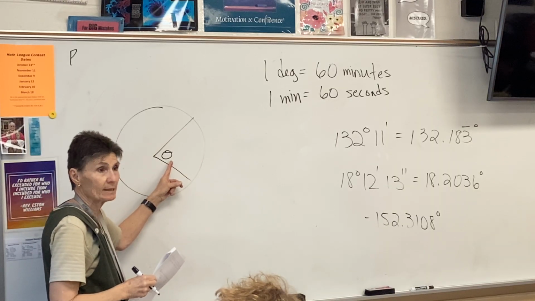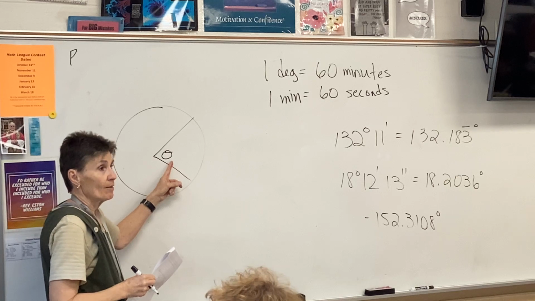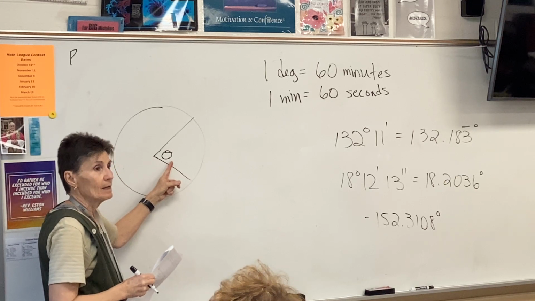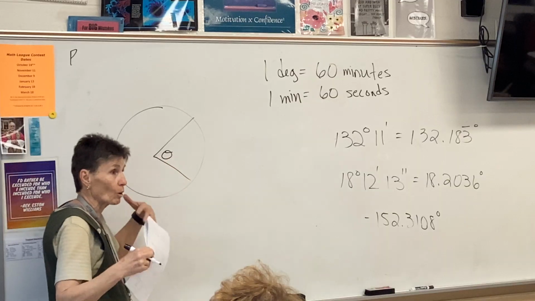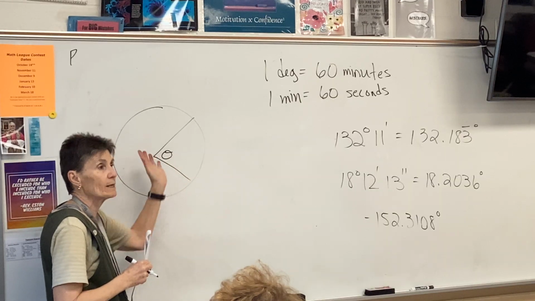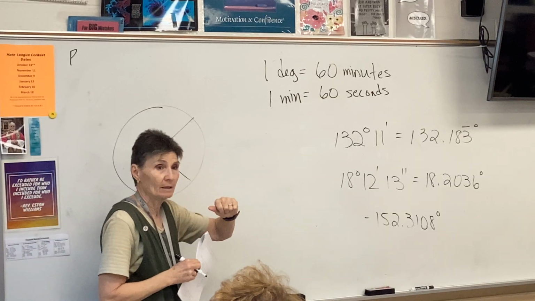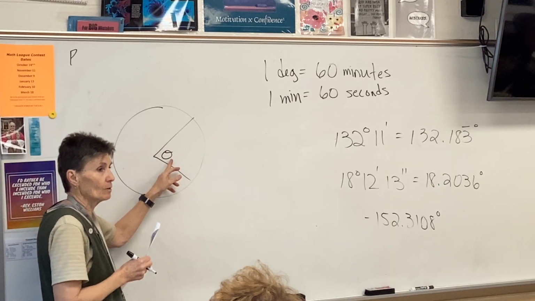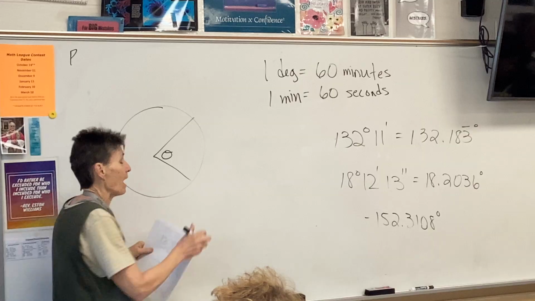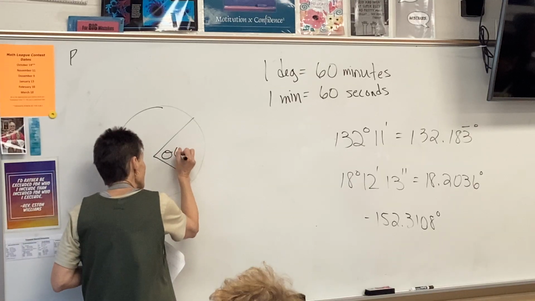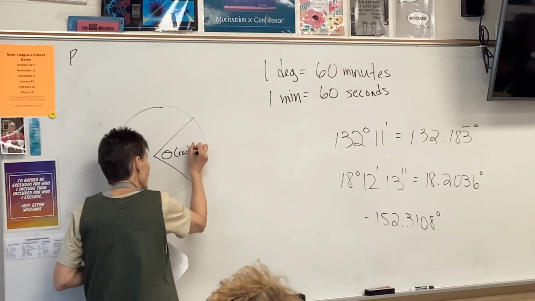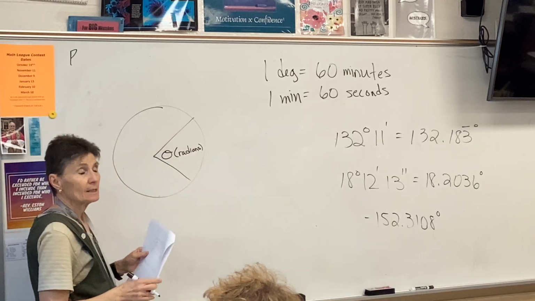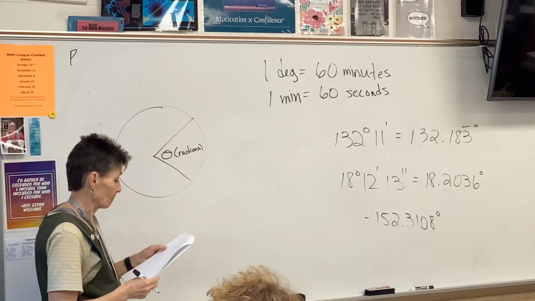This is a Greek letter, theta. And since the ancient Greeks were the source of much of our trigonometry, we use the Greek alphabet a lot as variables. So that's like an X, it's an unknown. That's your angle. Now, that angle is always in radians, okay? That central angle needs to be in radians.